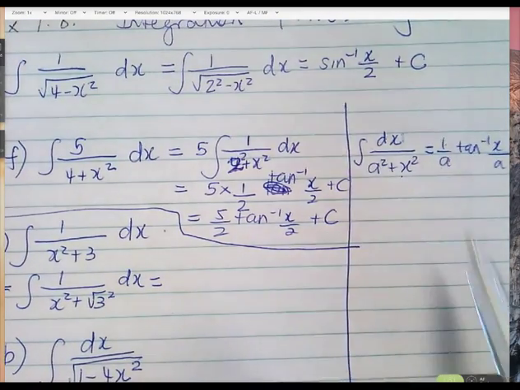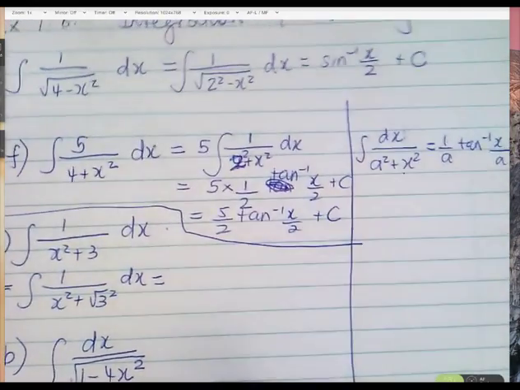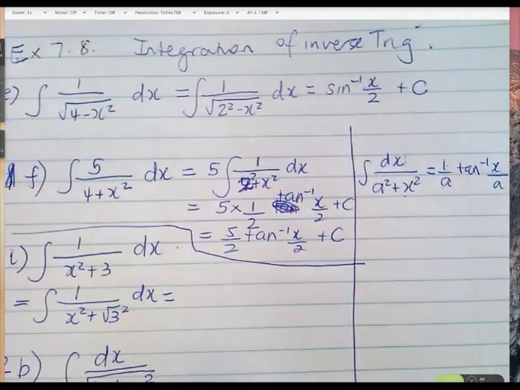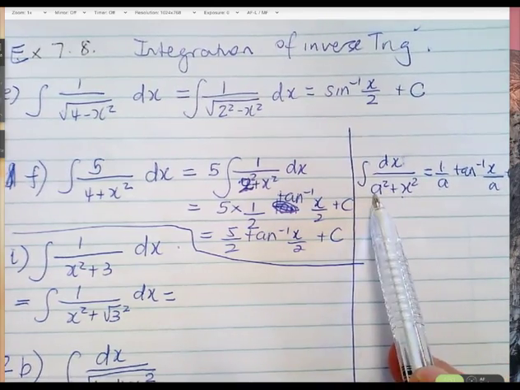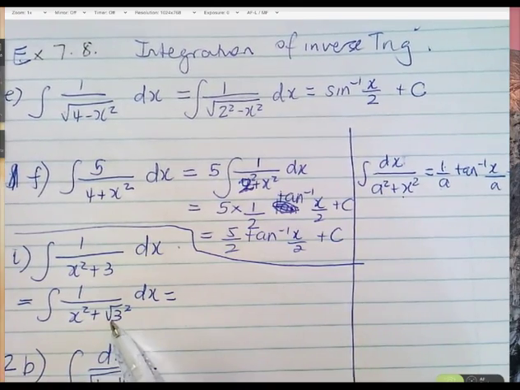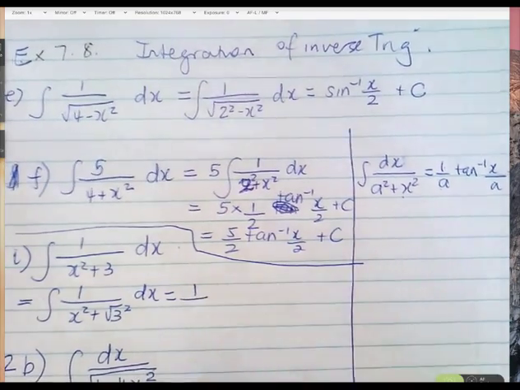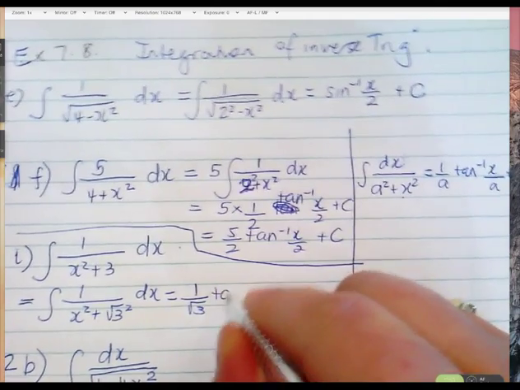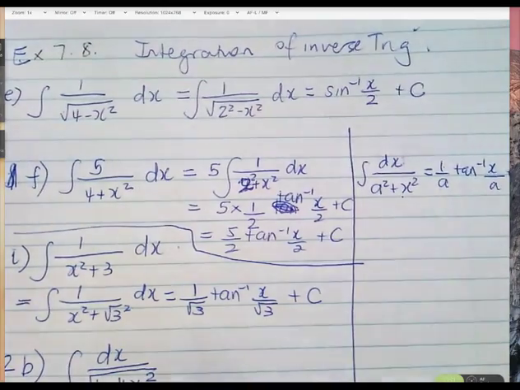This is question I. So we're integrating 1 over x squared plus 3. The 3 is the a squared, therefore a is the square root of 3. So that will just be 1 over a, whatever that is. What's a? 1 over root 3 inverse tan of x over root 3 plus c.